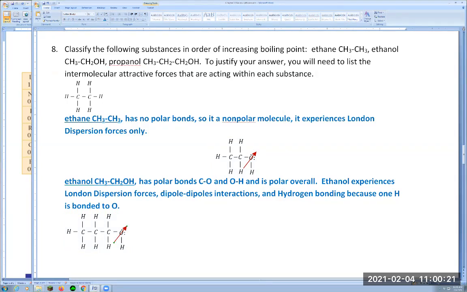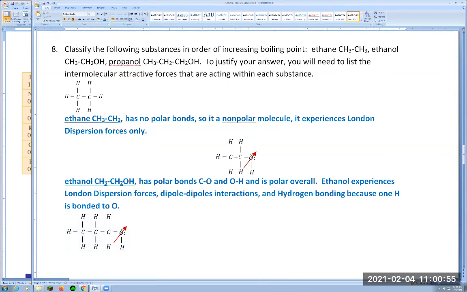So it's polar towards oxygen because the two dipoles from the CO and HO bonds are adding up into this net dipole that I have drawn now. So about the intermolecular attractive forces that propanol is experiencing, we can list London dispersion forces, dipole-dipole interactions, and hydrogen bonding, because again, we have this H bonded to the oxygen.